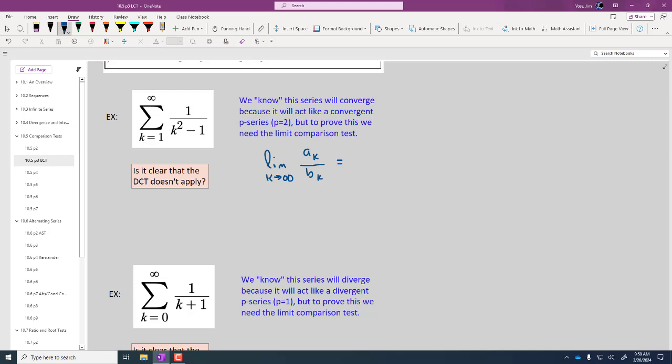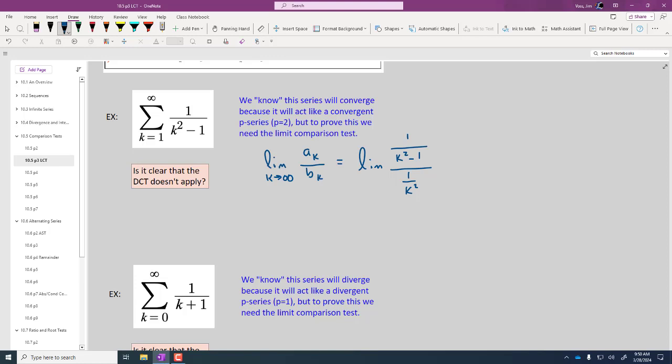The a sub k is always the series that we're analyzing, so we're going to put that in the numerator. And then we divide by the b sub k, which comes from the series that we conjure up. And hopefully it's pretty obvious why we would conjure that one up.